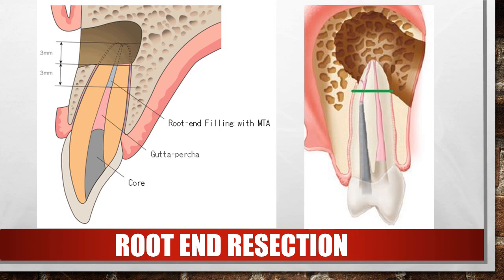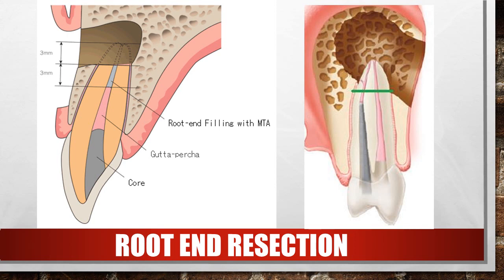And the reason why we resect 3 mm of the root surface is because if you can see the figure on the right, there are root canal ramifications and the presence of lateral and accessory canals. So you have to understand that 98% of lateral and accessory canals are at the apical third of the roots.